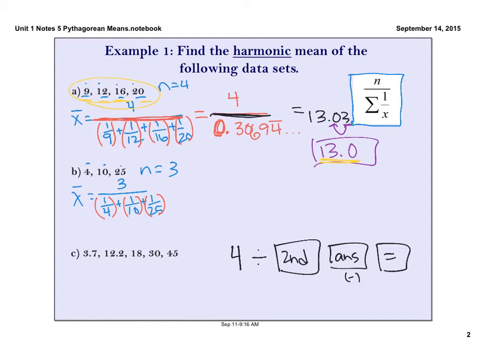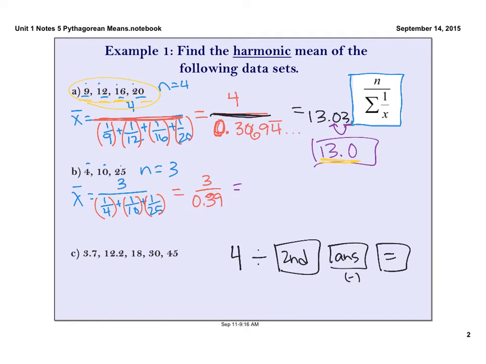All right, so I have open parenthesis, 1 divided by 4, close it, plus. Open parenthesis, 1 divided by 10, close it, plus. Open parenthesis, 1 divided by 25, close it. I'm going to hit enter. I get 0.39. It's a terminating decimal here, so that helps. 3 divided by 0.39. Now, typing in 0.39 as a terminating decimal is not hard to do, but just for practice, I'm going to use that second answer button again.